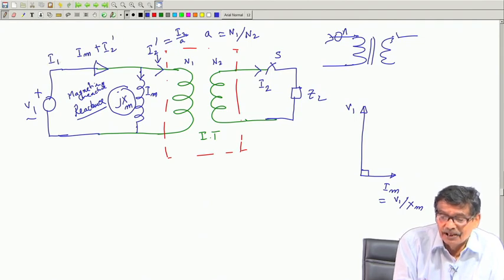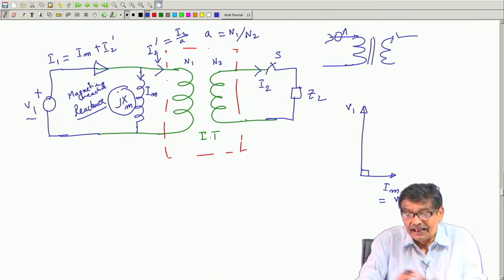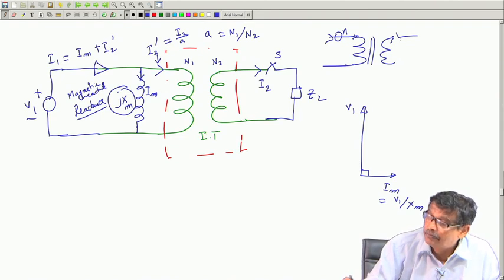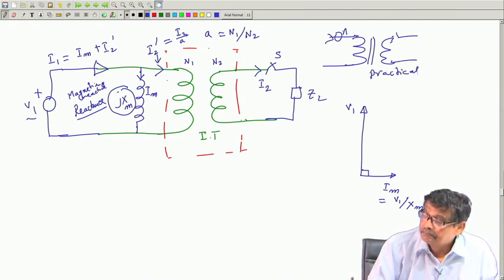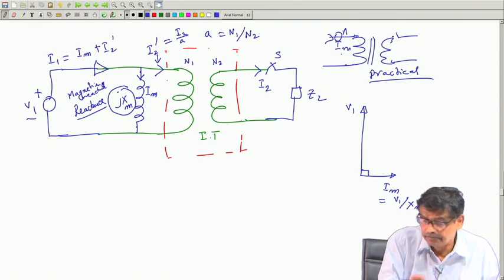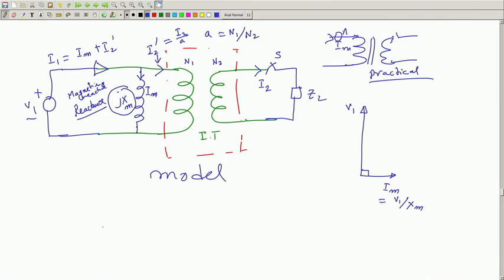And this will be your I1. You have to add these, and this is exactly and correctly representing what I have observed in a practical transformer with S open. With S open, the current drawn is Im, is it? Yes, in this model, this is a model, mind you. This model comprises an ideal transformer with a reactance.